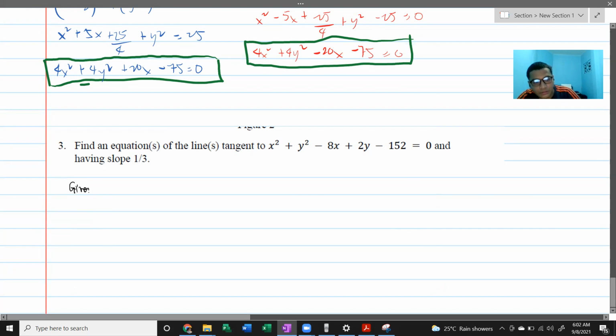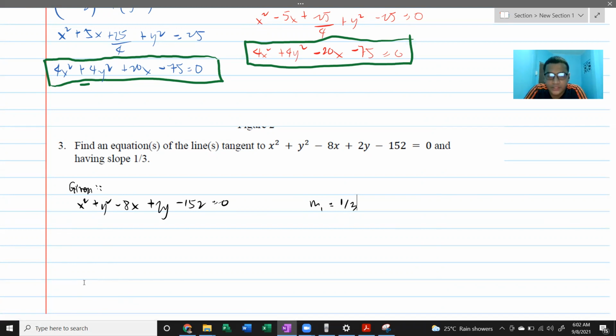So our given is x squared plus y squared minus 8x plus 2y minus 152 equals 0. Okay. And the slope of our line is 1/3. Now, just a quick verification of whether this is a circle or a point.